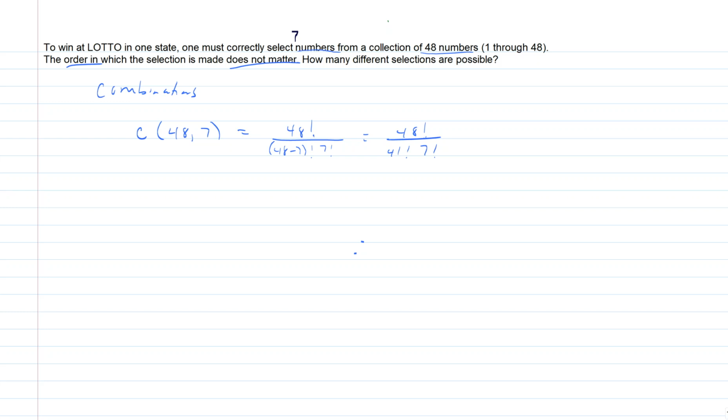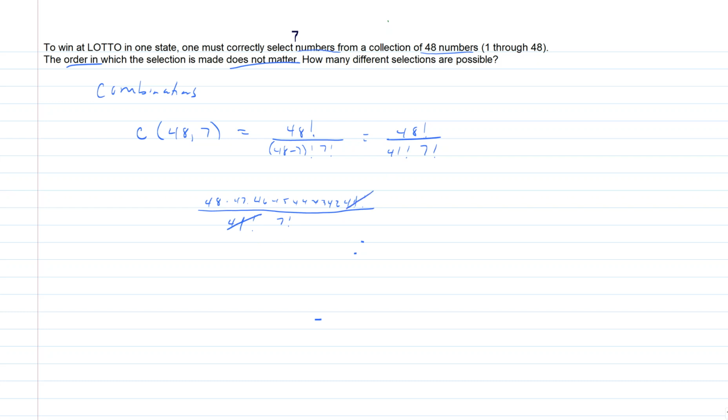Okay, so the other possibility is to go ahead and write 48 factorial as 48, 47, 46, 45, 44, 43, 42, 41, all the way down, so 41 factorial. And then in the denominator, we have 41 factorial and then 7 factorial. The 41 factorials will cancel each other out.